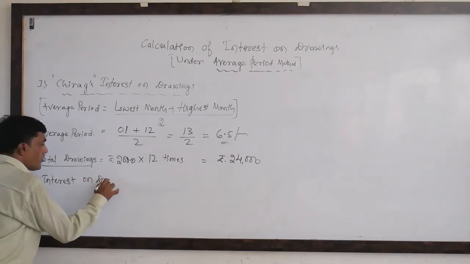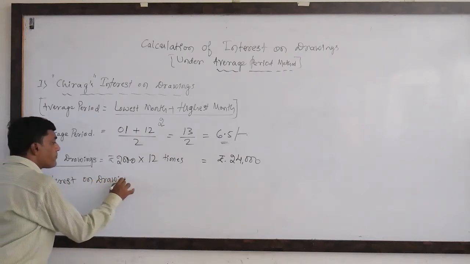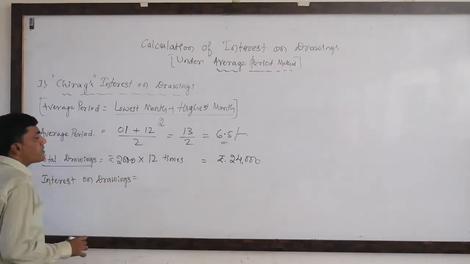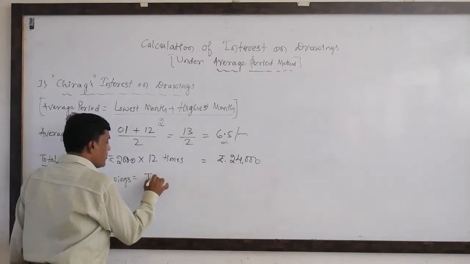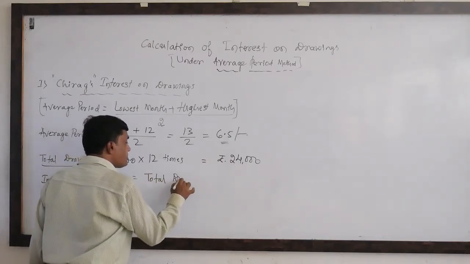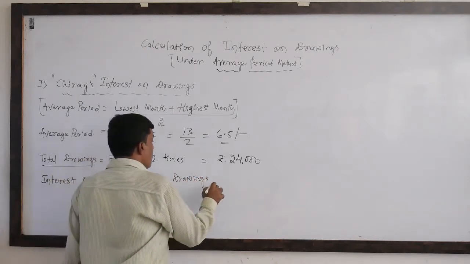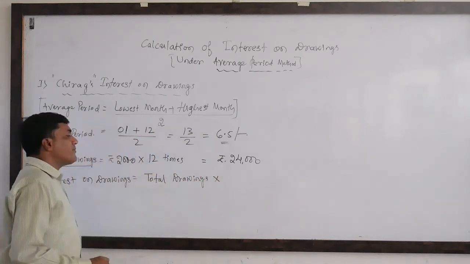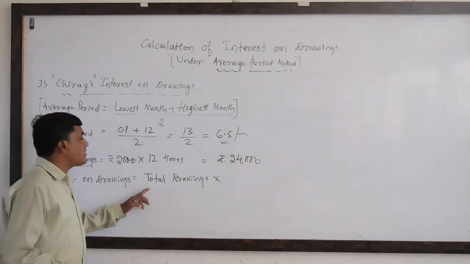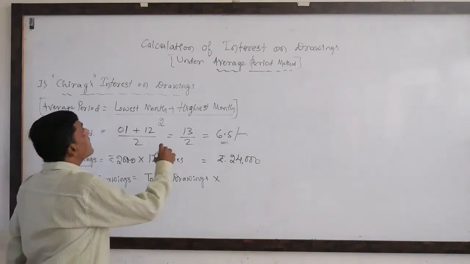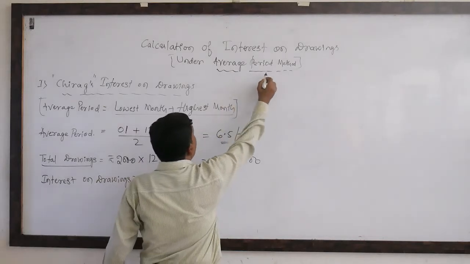Now I am going to solve interest on drawings. The equation is total drawings, in the product method we used to write the total product, but now it is not the product method, it is the average period method.